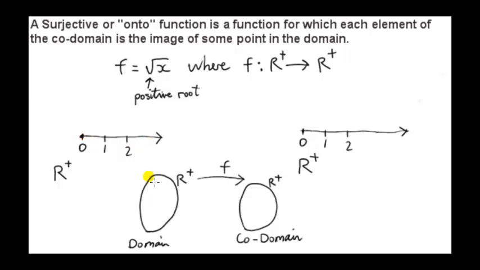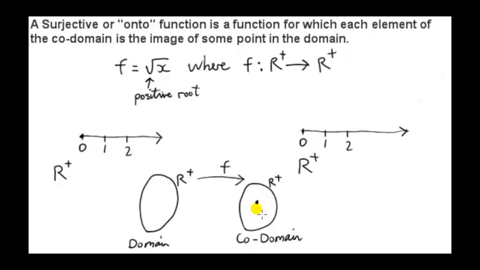So obviously it's going to be difficult to represent the positive real numbers in our domain in this form here. But we look at individual elements. Now, since this is a surjective function, we should find that every element in the codomain has at least one arrow pointing to it.